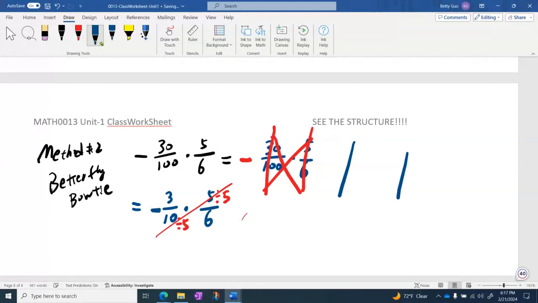And then this expression will become negative 3 over, 3, the upper left and the bottom right remain the same, right? Upper left is 3, we didn't change that. Bottom right is 6, we did not change that. The two numbers we are going to change are the two numbers on this diagonal. So 5 becomes 1, 10 becomes 2, right?